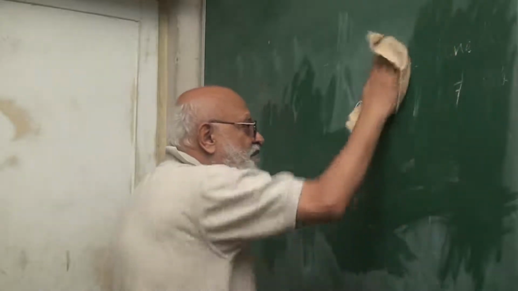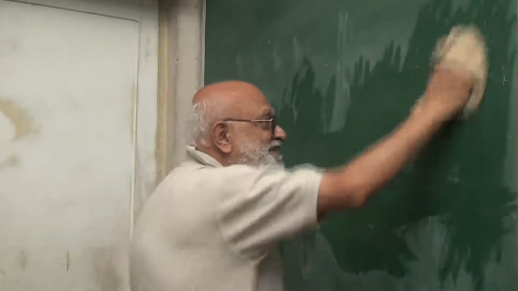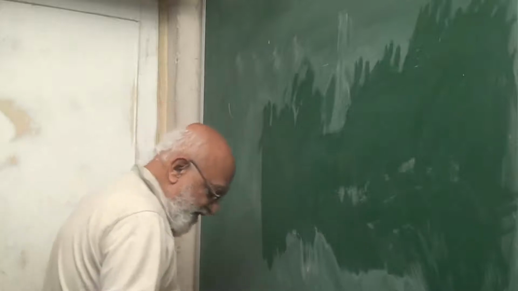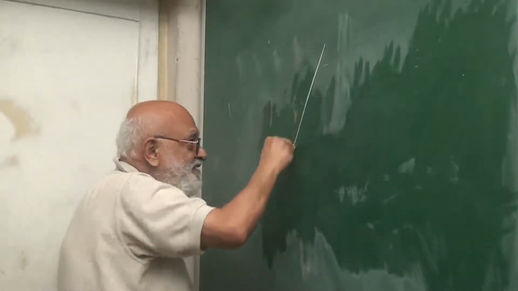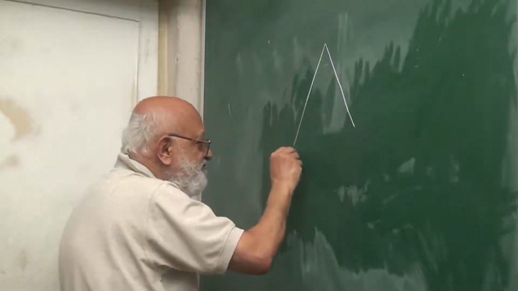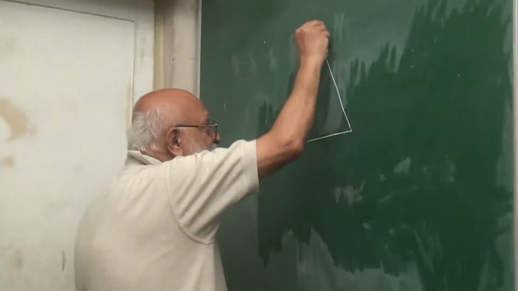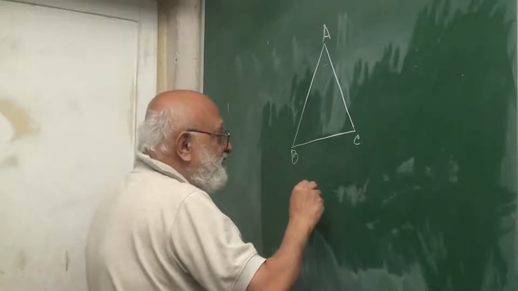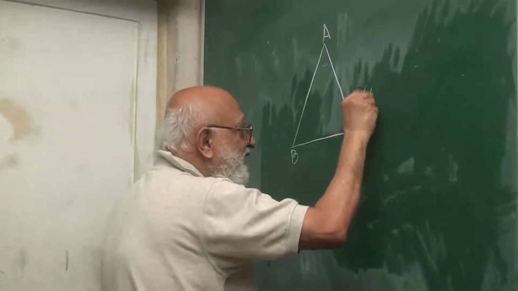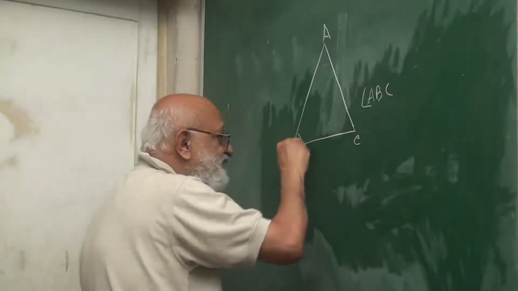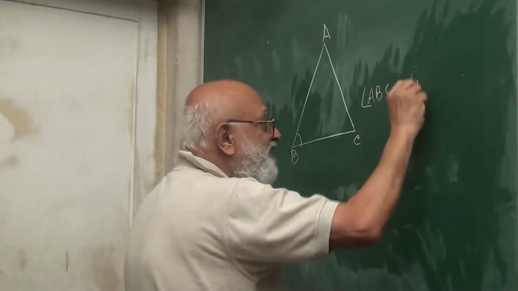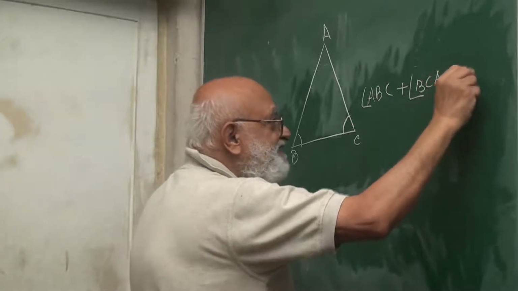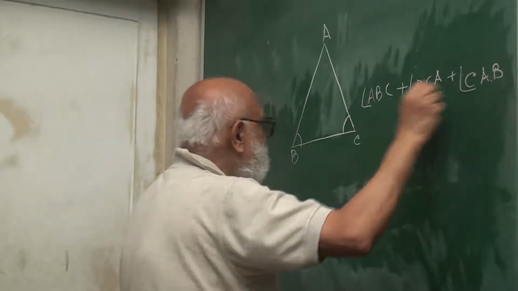We will look at the following properties. The first property says that if you have a triangle, let's say a triangle like this, this is the base, you have a triangle A, B and C, the sum of the angles, that means angle ABC, which is this angle, plus angle BCA, which is this angle, and angle CAB, which is this angle.